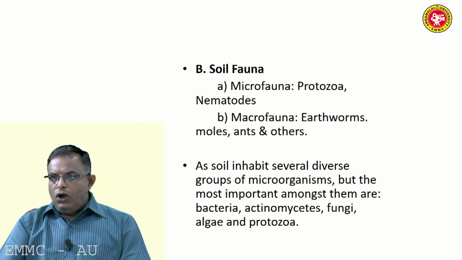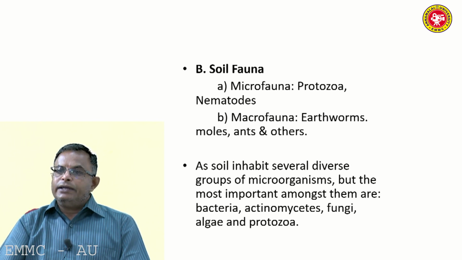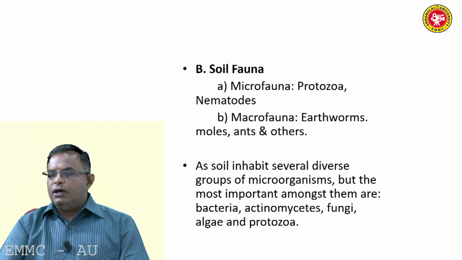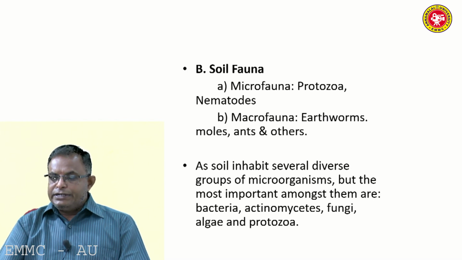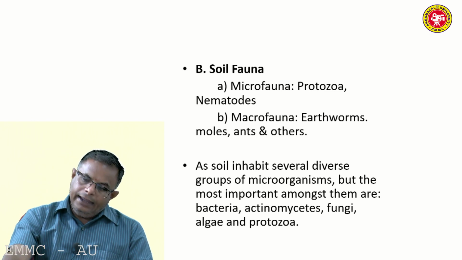Soil fauna includes protozoa and nematodes, which come under the category of microfauna, while earthworms, moles and ants come under the category of macrofauna. Soil is inhabited by several diverse groups of microorganisms, but the most important among them are bacteria, actinomycetes, fungi, algae and protozoa.